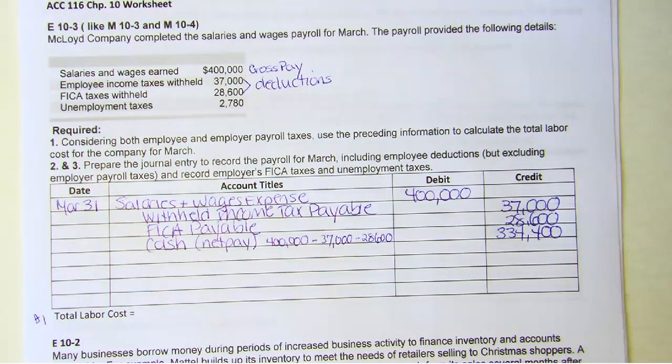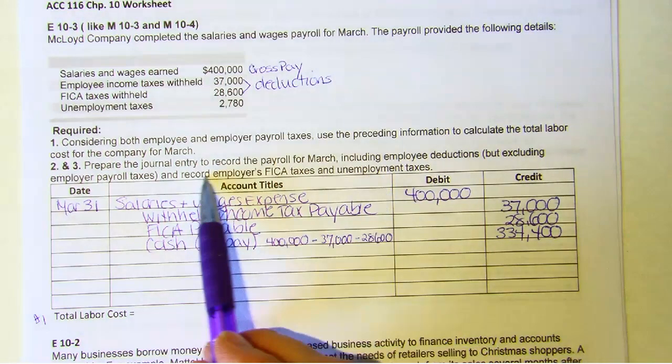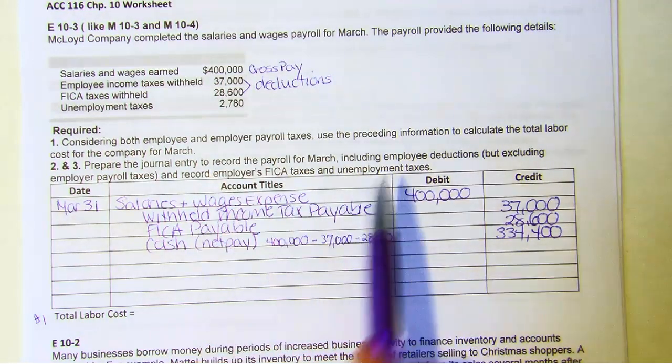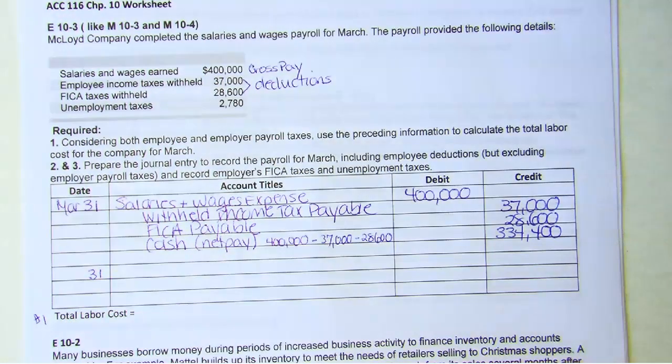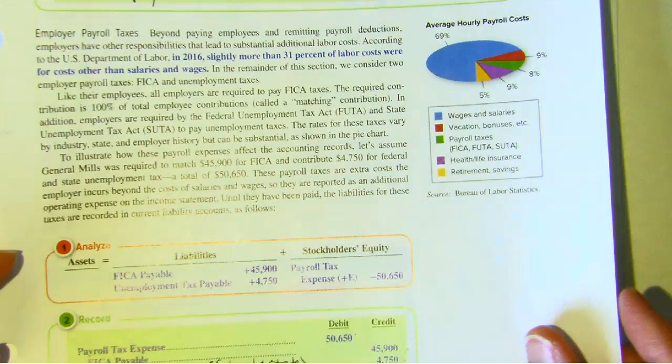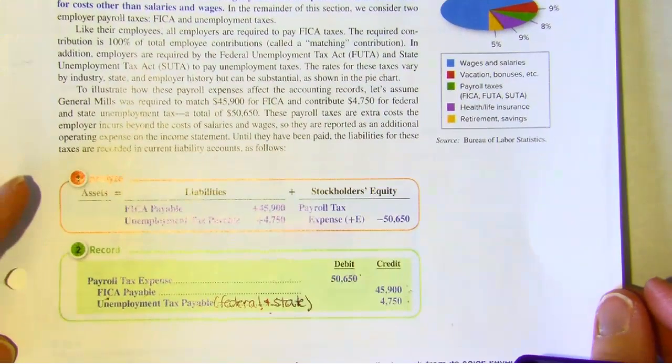Now let's record the employer's payment of their unemployment taxes, FICA and unemployment. So also on March 31st, we're going to record the employer's portion. Let's take a look at that journal entry also on page 449.